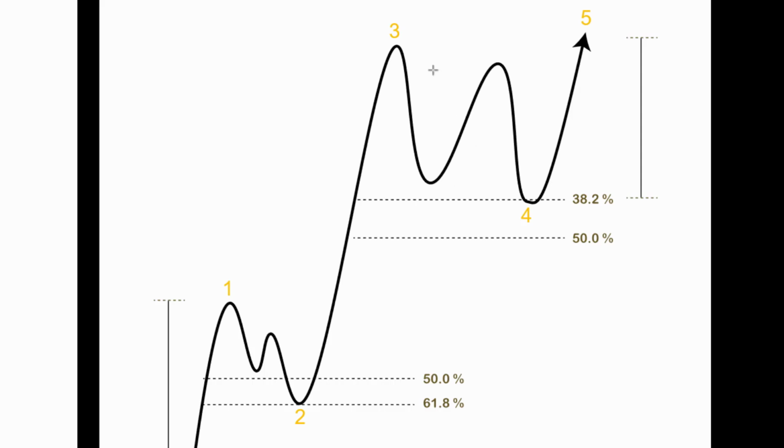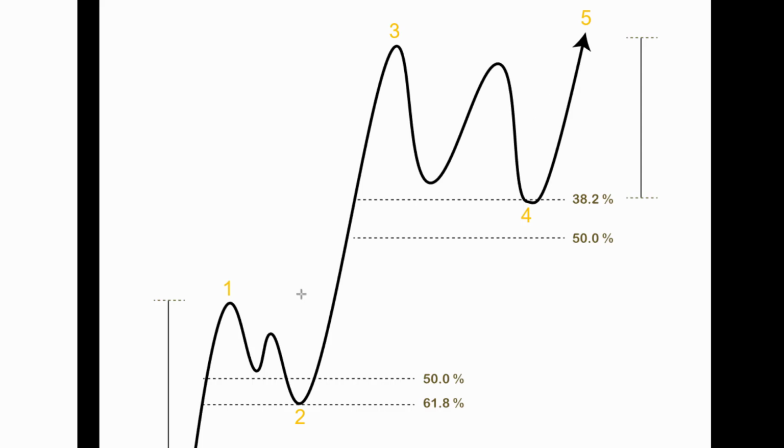The sideways form usually aims to consume time, not to retrace deeply. So that's why wave 4 usually takes a sideways form and retraces only to the area between 38.2 and 50%. Now let's talk about wave 5.